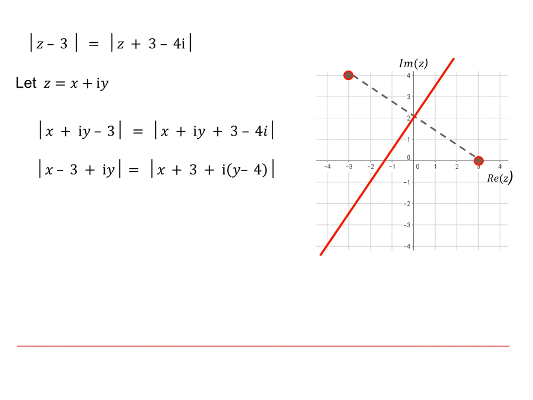And now we can use Pythagoras' theorem on both sides of that equation to calculate the moduli. Squaring the moduli, so we haven't got the square root included there, we've just got (x minus 3) squared plus y squared on the left hand side, and on the right hand side (x plus 3) squared plus (y minus 4) all squared.